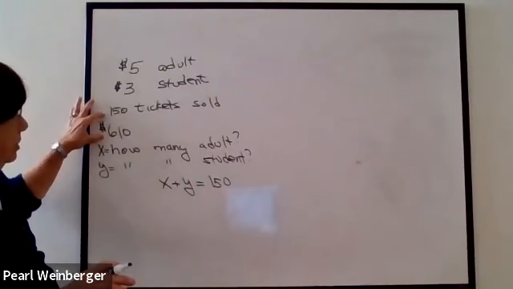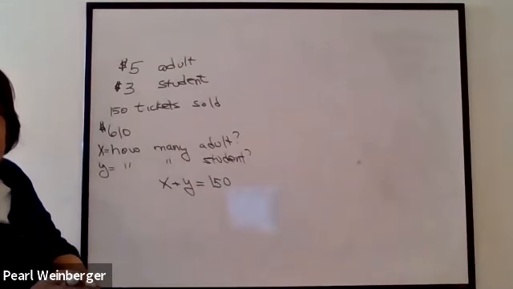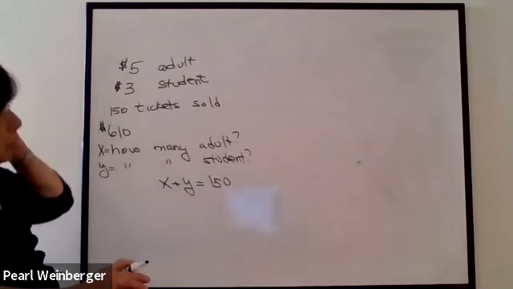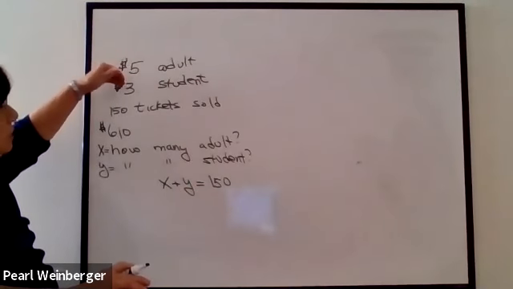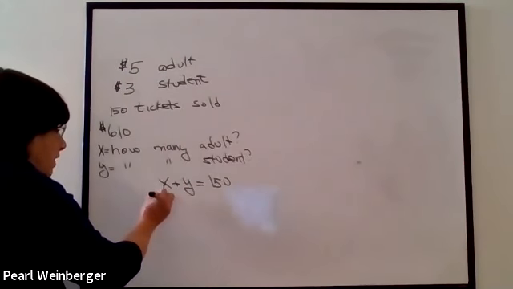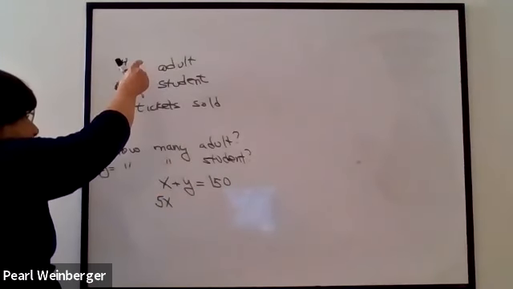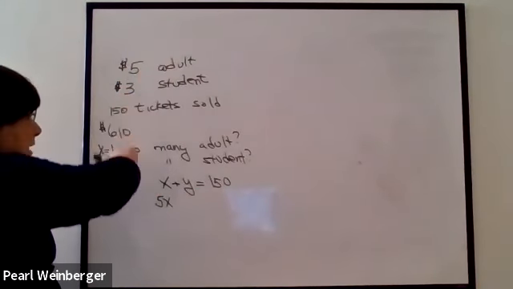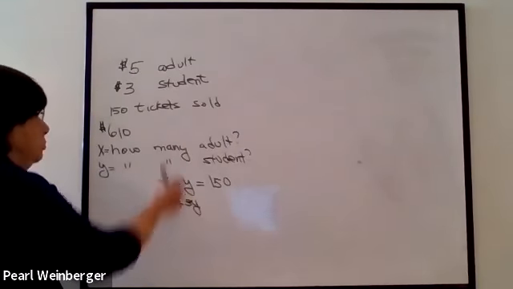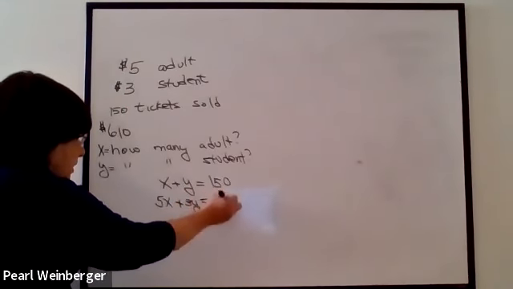Okay, so now we go to the 610. That involves how much money was made by selling these tickets. So not only must we include the X's and the Y's, we have to do something with the price of each ticket. So we're going to do 5X to get the amount of money that comes from the adult tickets. Take the price of each ticket and how many there are, plus the 3Y, that's how much money they're getting from the student tickets, and altogether that's going to give us 610.